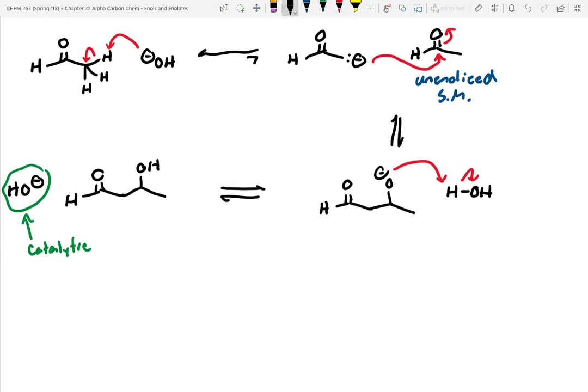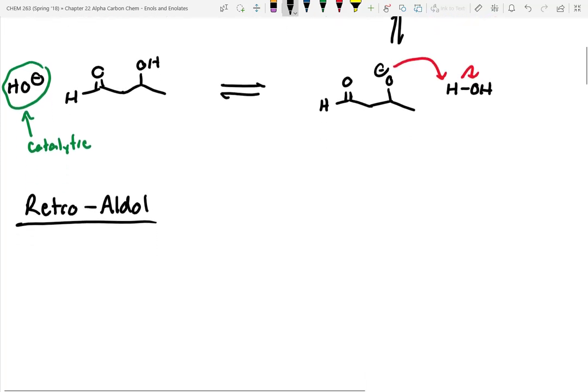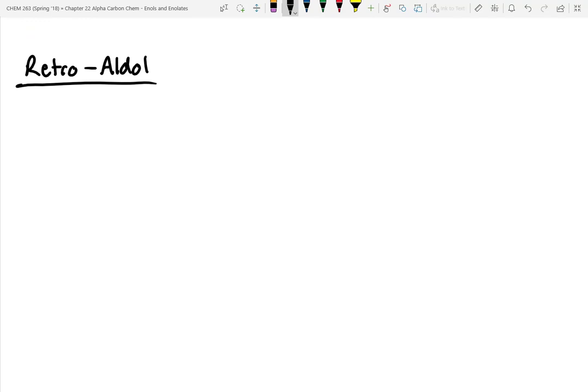This is called a retroaldol. So in a retroaldol reaction, you're going to take that beta hydroxy ketone, or beta hydroxyaldehyde. You're going to react it with hydroxide and just do every step in reverse. So the last step we saw was protonation. That means the first step should be deprotonation.